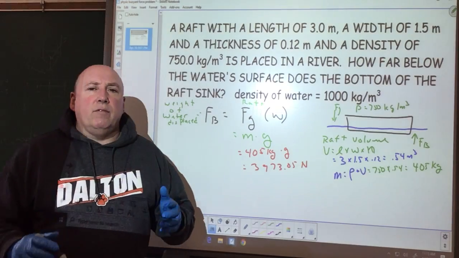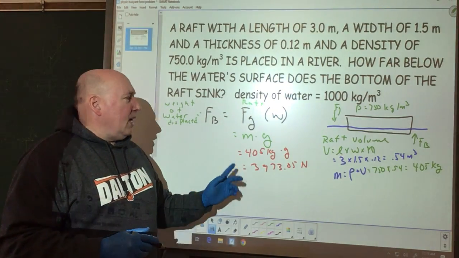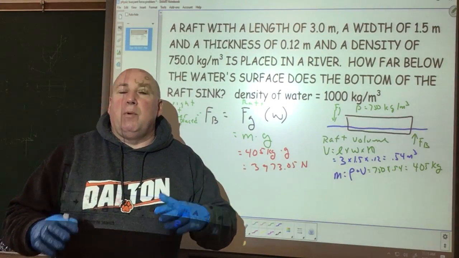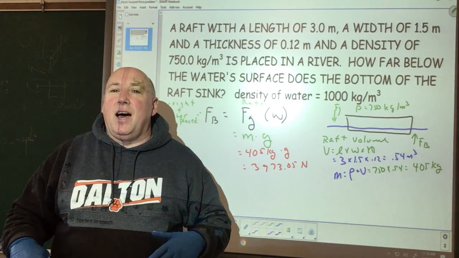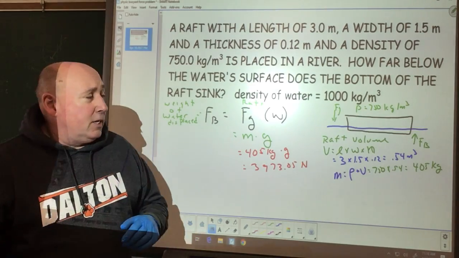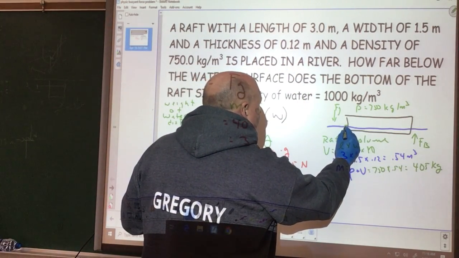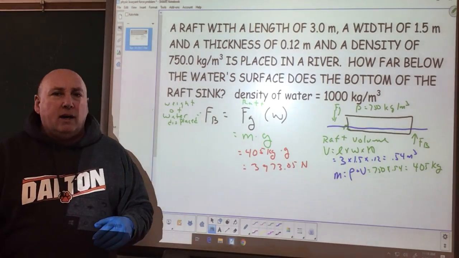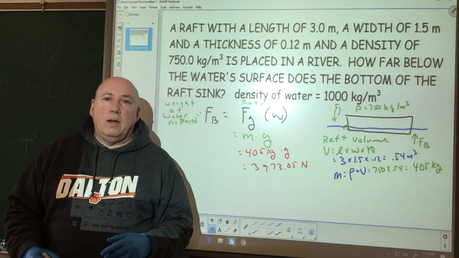If we're talking about a lake, we put a raft in there, the lake level is not going to go up very high, but there will be a little bit of displacement here. What I'm going to do is this amount from the water level down, I'm going to give that a value of y.